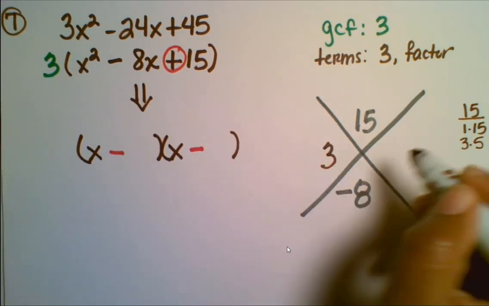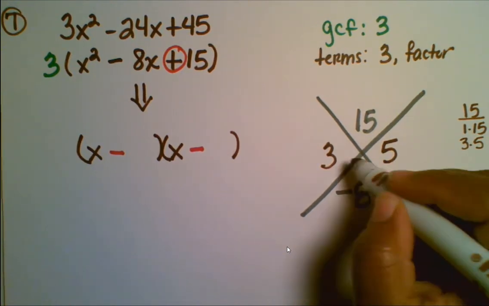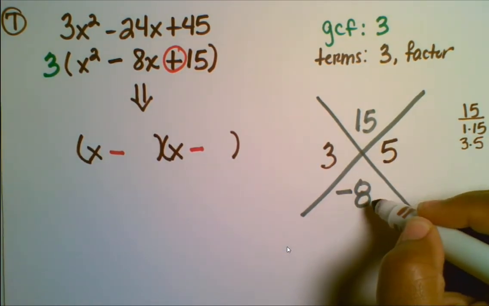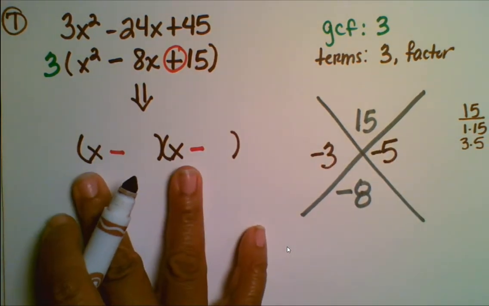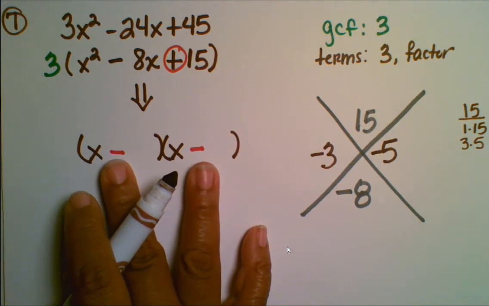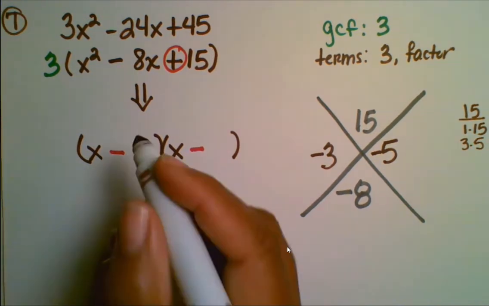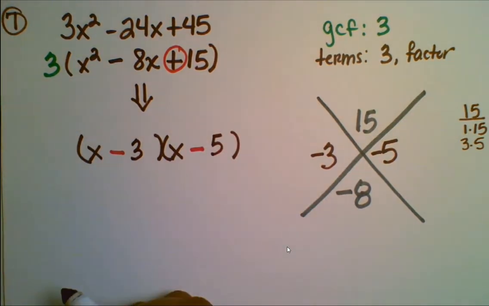So 3 and 5. But when we add the 3 and 5, it must be negative 8. So both the 3 and the 5 must be negative, as we already have that written here in our parentheses. So let's put a 3 for the last term and a 5 for the last term.